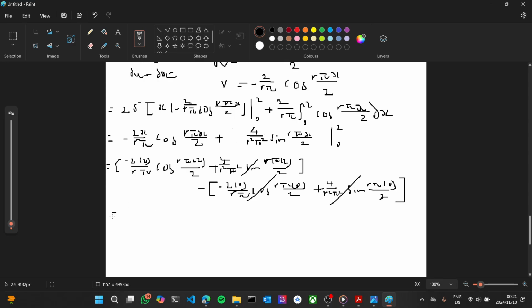So what we'll be left with is this 25 that we have there multiplied by minus 4 over r pi cosine r pi. Okay, well let's cancel out.